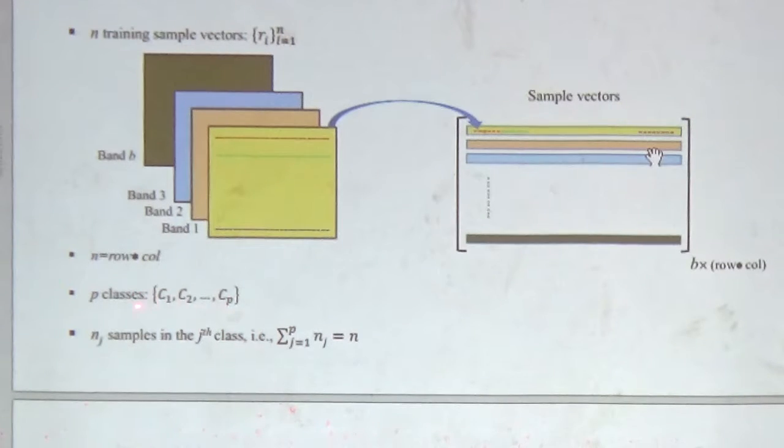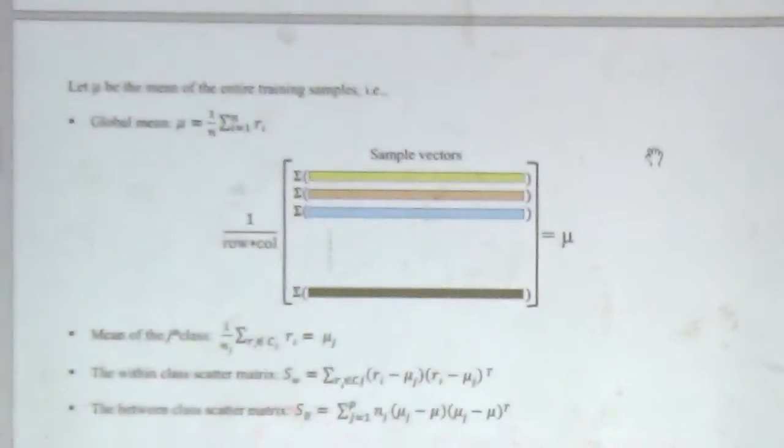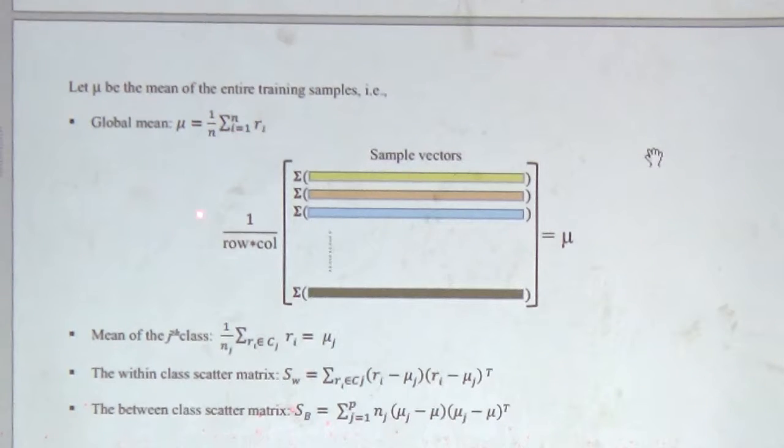So there are p classes Cj, where j goes from 1 to p, and there are nj samples in the jth class. If I sum all the nj samples, I will get n, the total number of samples available. Let this be the global mean that I can compute from all the data points. I will calculate the global mean like this. And the mean of the jth class can be denoted as mu j.